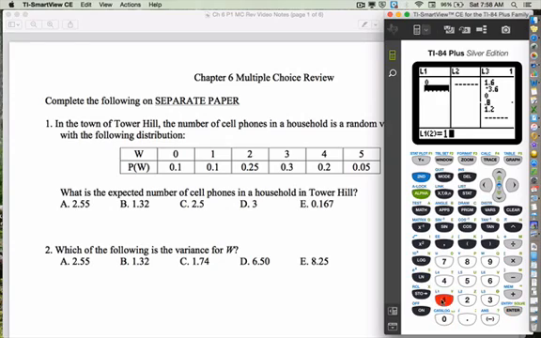in list 1. And we need to put those probabilities into list 2.